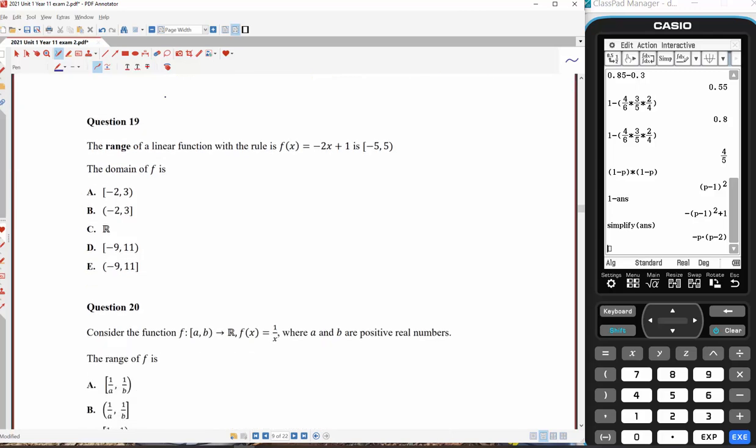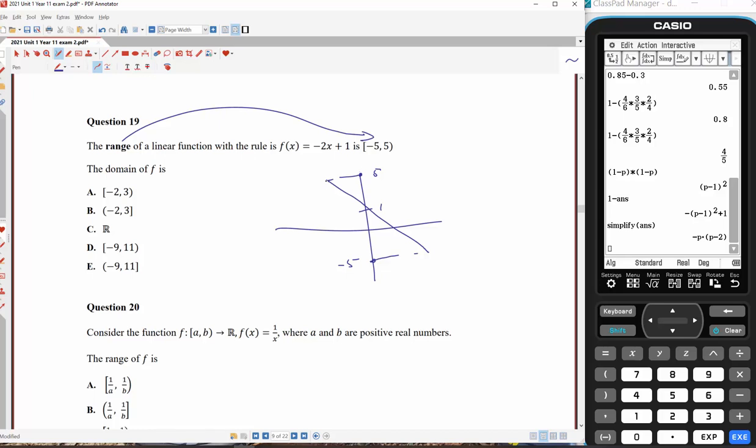Okay, the range of a linear function with a rule, blah, blah, blah, is, the domain of f is. All right, so what this is, is the range. What we want is the domain. So what we've got is this function here, so it goes like this. And what it does is 5 and negative 5 are the y values produced.